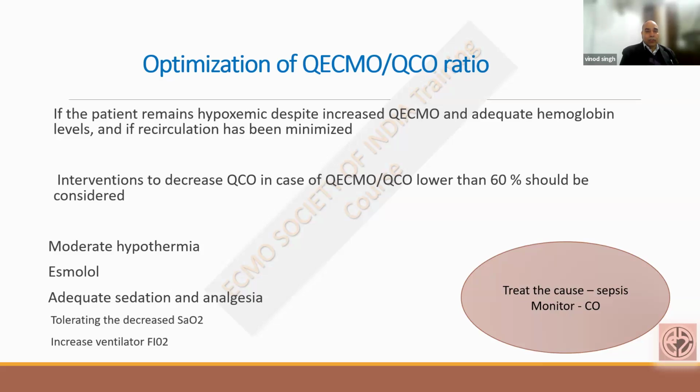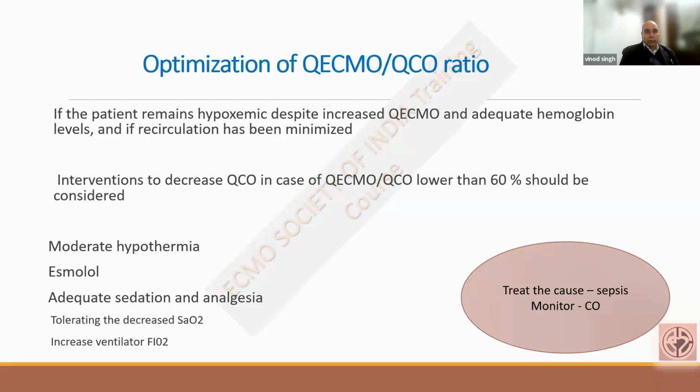Not one thing is going to improve your patient. So you have to think, like the patient has gone into septic shock and is hypoxemic. You might have to transfuse blood in this situation because you do not have the option to go for a beta blocker. You might have to go for hypothermia. You might have to sedate and paralyze the patient.